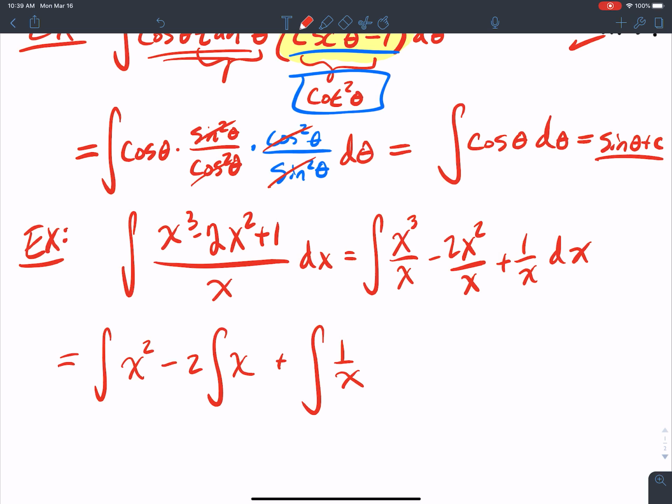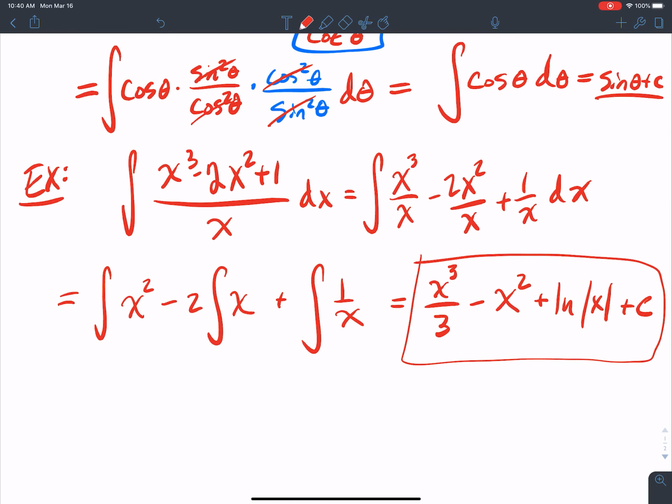When I integrate all these, integral x squared is x cubed over 3 minus, let's see, looks like just x squared, and then plus natural log absolute value of x. All right, so this is going to be plus c here.